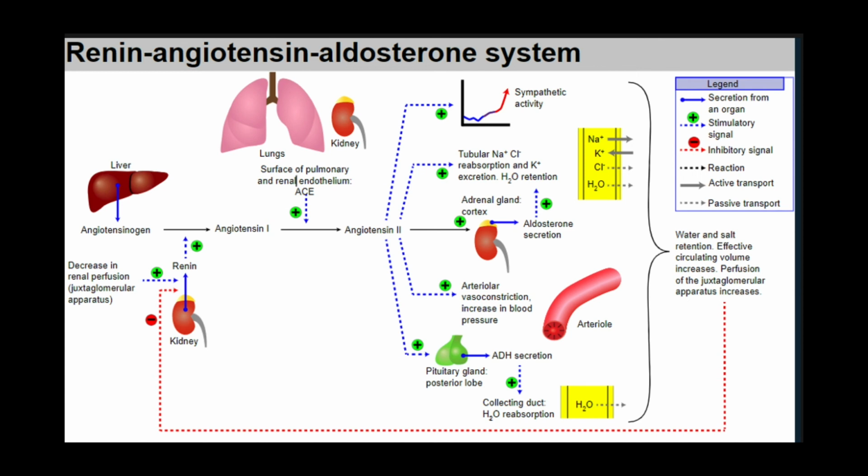If you're as far out from Step 1 as I am, and we all are, the RAS system could probably use a little bit of a refresher. I'm not going to go through the whole thing, but the endpoint here, you can see, is arterial vasoconstriction and increased blood pressure. So you take angiotensinogen from the liver and convert it to angiotensin 1 based on basically a low perfusion state in your kidneys. Your kidneys produce renin, which helps convert that.